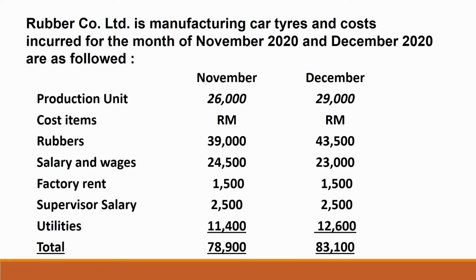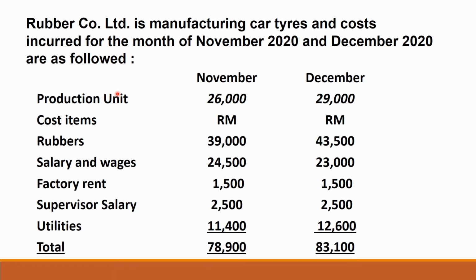Okay, I will give you an example. It shows that there are cost items and we have to identify which one is variable cost, which one is fixed cost, and which one is mixed cost.